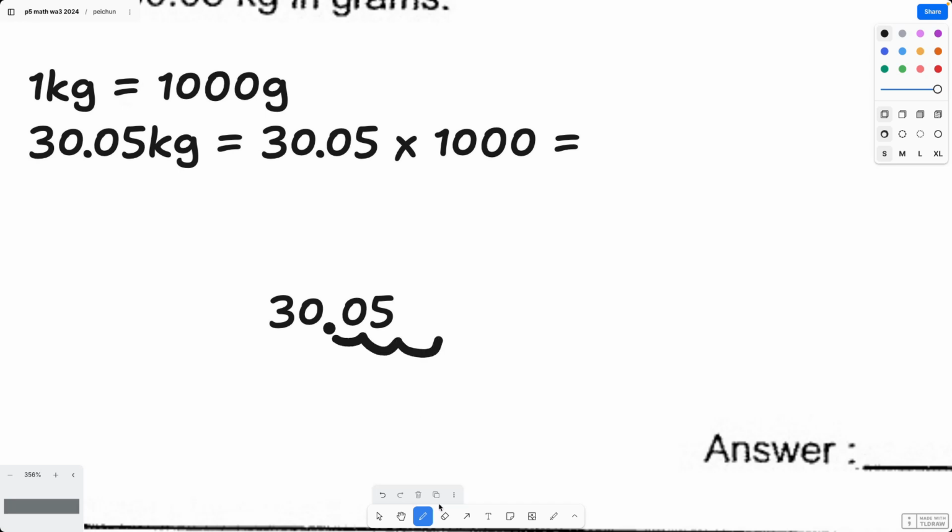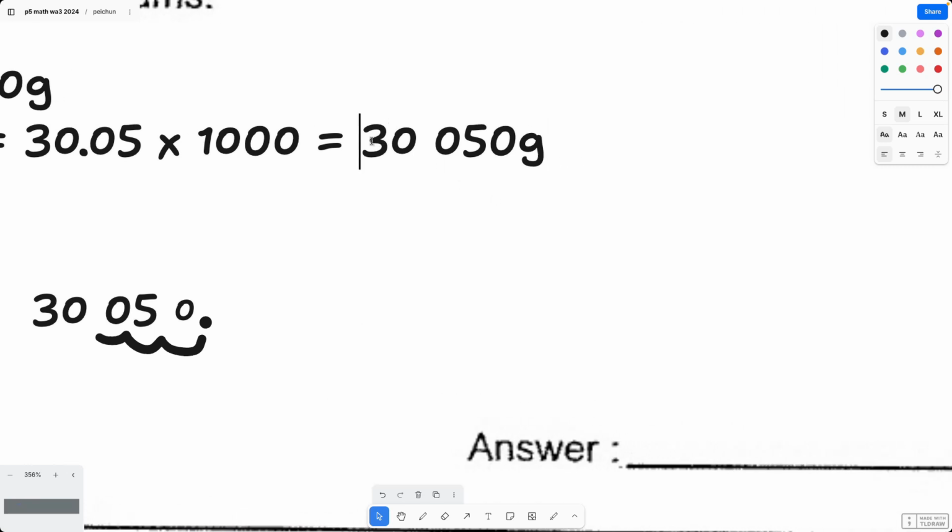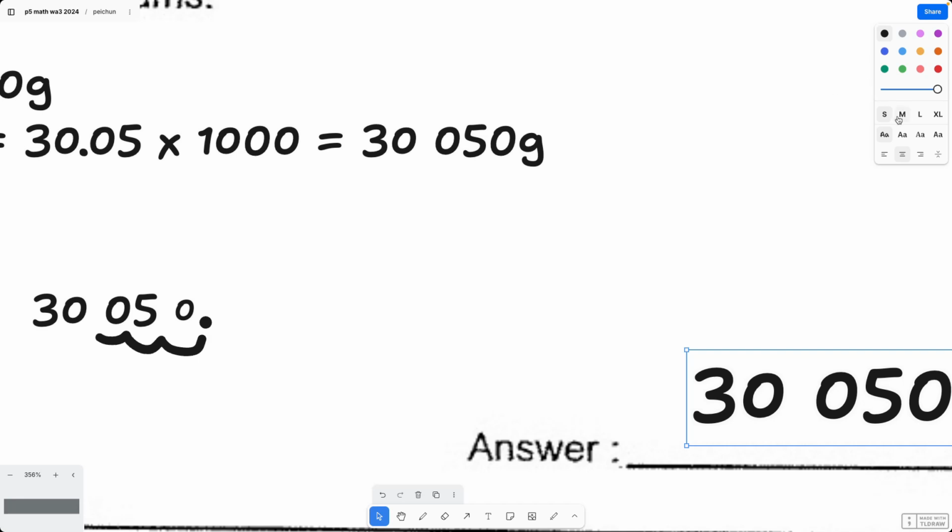Now the dot will be moved to this place, and since we have an empty space, we put the number 0. And this is the answer, 30,050. So the answer is 30,050 grams.